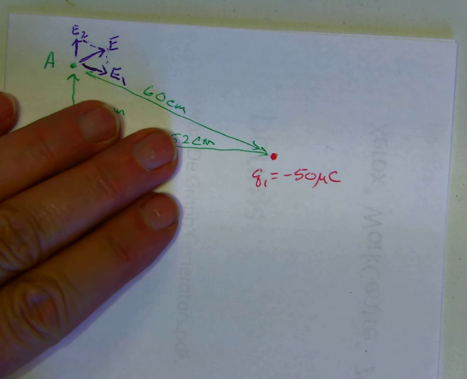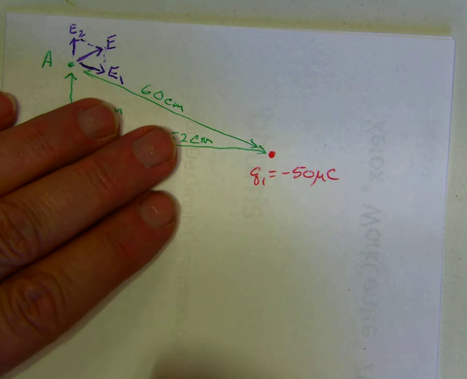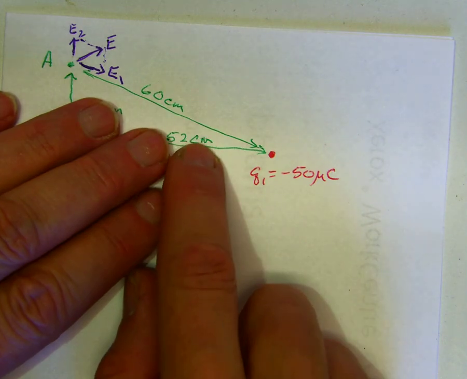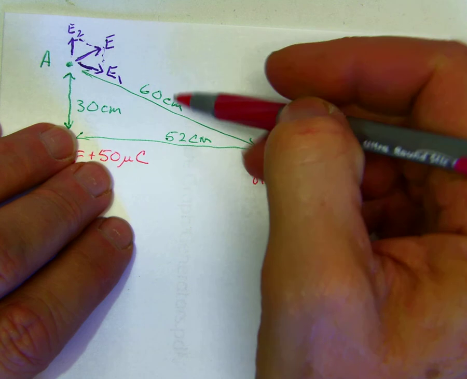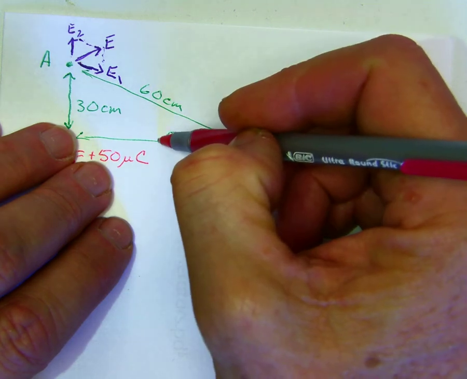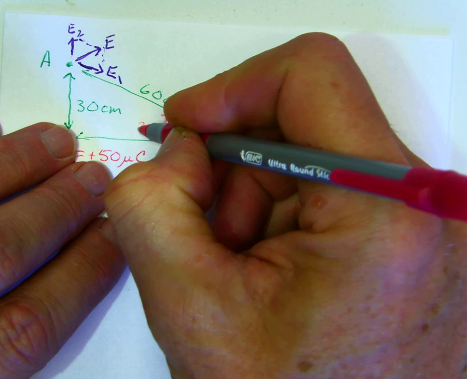If we have just Q1, it's in the x and the y, so we're going to have parts in each direction, and it depends on the angle it's at here. By the way, if we did the geometry, this angle right here would be 30 degrees.